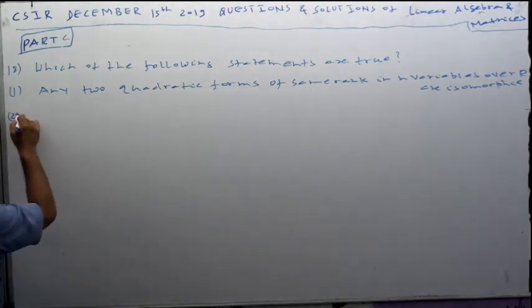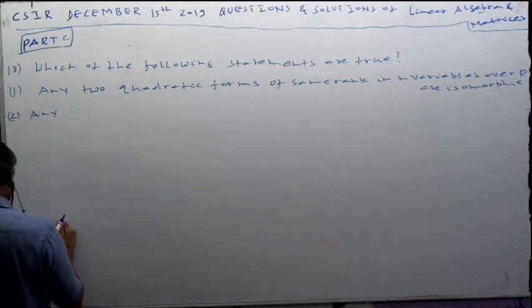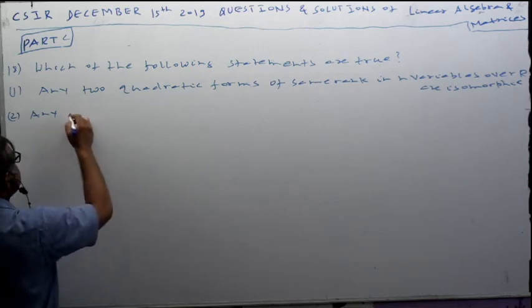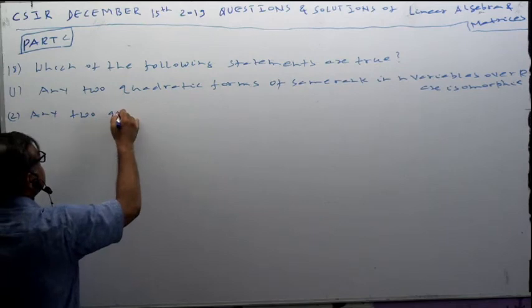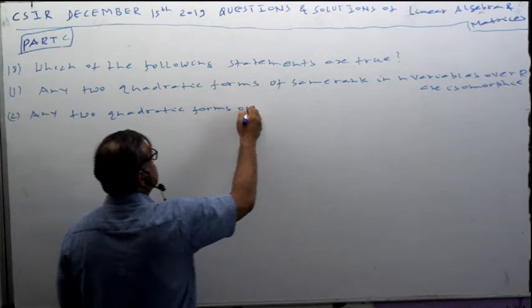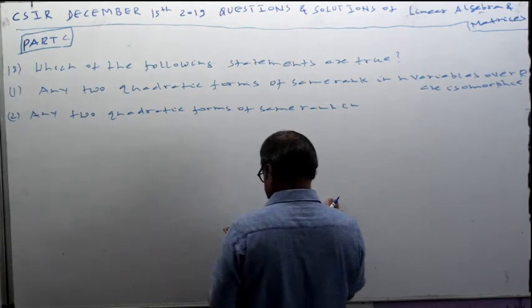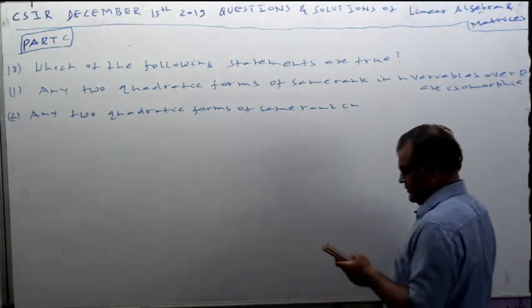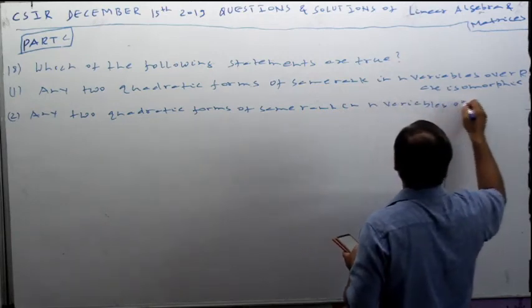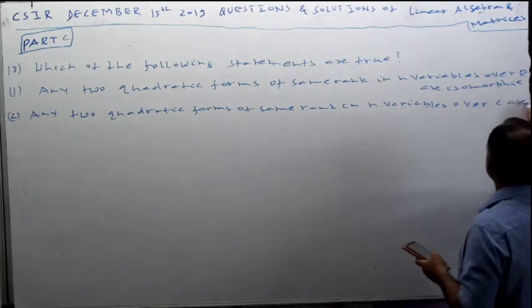Number two, any two quadratic forms of same rank in n variables over C. It is over C now. Are isomorphic.